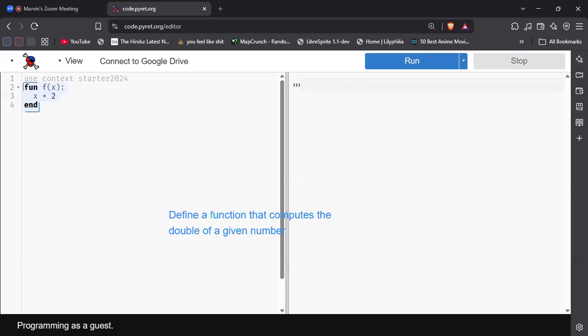Yeah. Nice. Okay, very good. Could you rename the function f to double? Let's call it double. Okay, let's try this again. Let's call it with double.